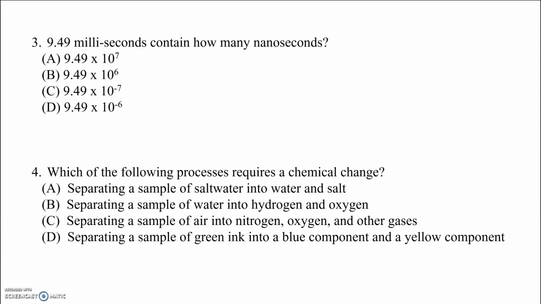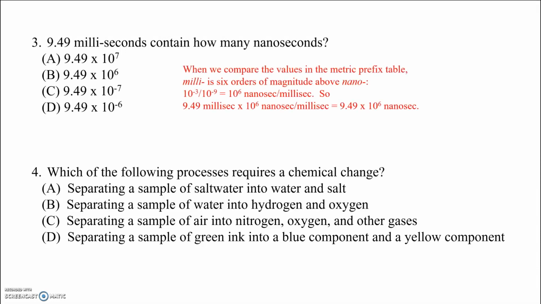All right, number 3, 9.49 milliseconds contains how many nanoseconds? This is nothing more than a unit conversion problem. So we don't really have a unit conversion from milli to nano, but when we look on our chart, we can see that milli is 6 orders of magnitude above nano.